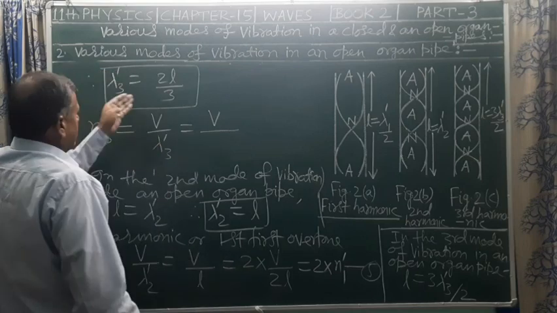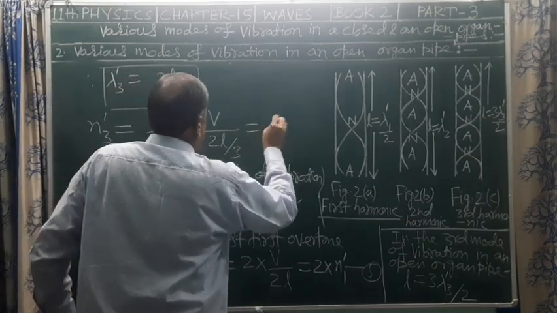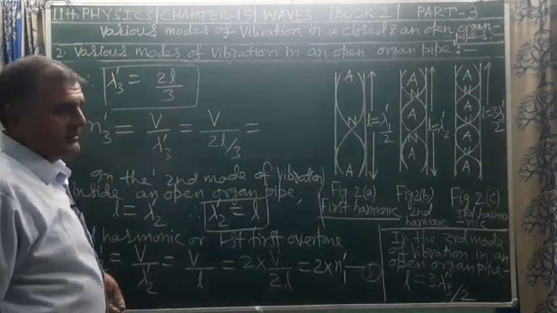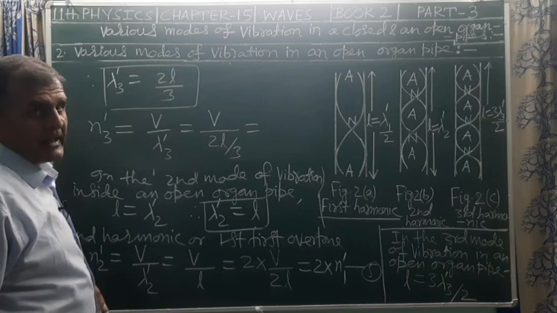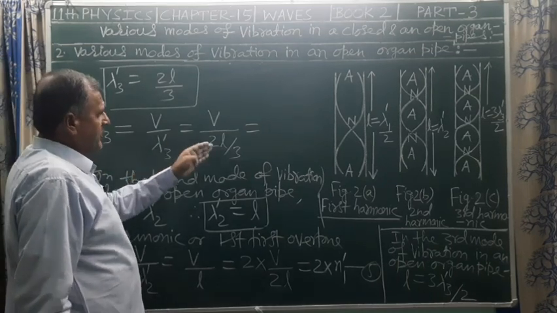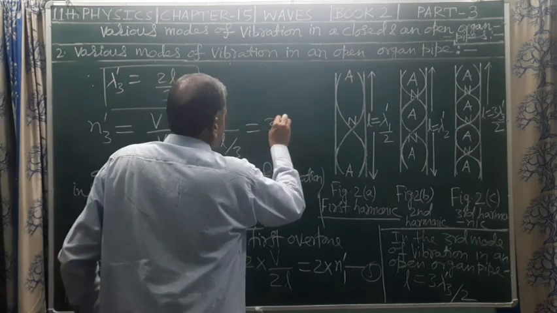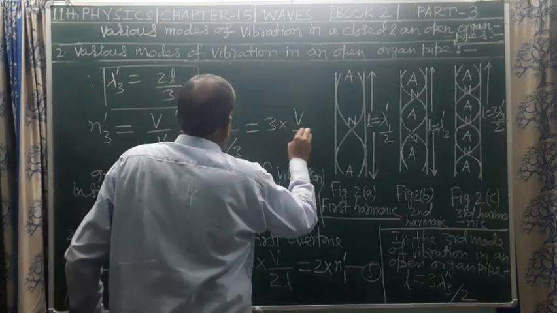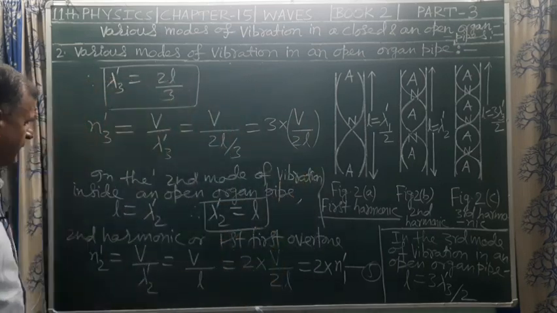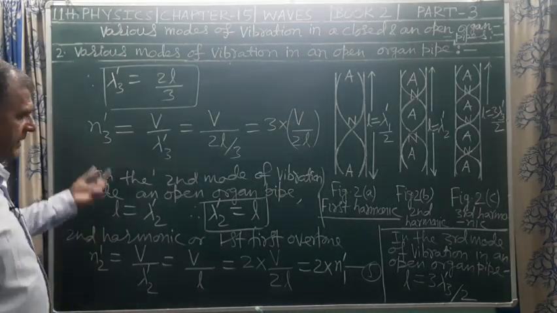So we have now N3 dash, that is third harmonic produced in an open organ pipe, or second overtone, N3 dash equal to V upon 2L by 3, and it is now 3 multiplied by V upon 2L, and V upon 2L is the fundamental frequency N1 dash which we have already obtained in equation number 4.